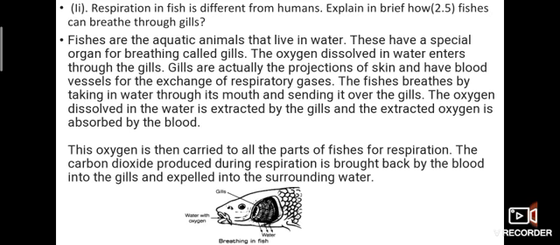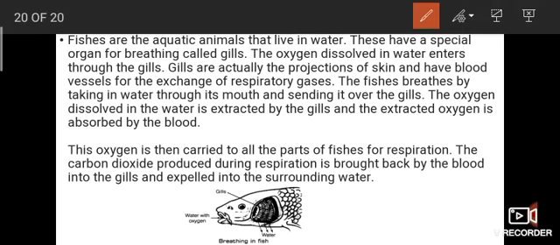So this oxygen is then carried to all the parts of the fish for respiration. The carbon dioxide produced during respiration is brought back by the blood into the gills and expelled into the surrounding water. So this is gills. It takes water with oxygen, then does this respiratory breathing in fish.